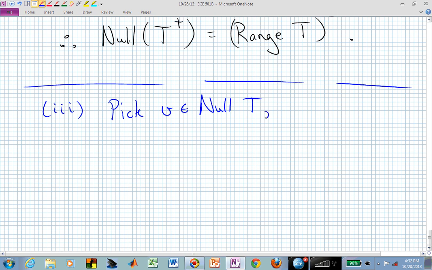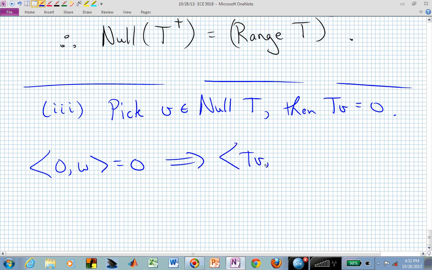If that's the case, then TV is equal to 0 by definition of the choice of V. And knowing that 0 inner product with W is equal to 0, that says that TV inner product with W is equal to 0, and that's true for all W in capital W.